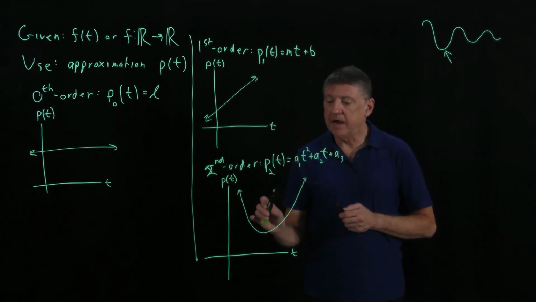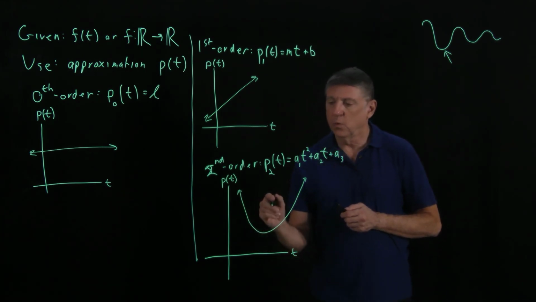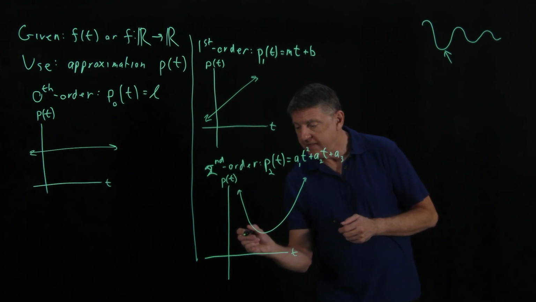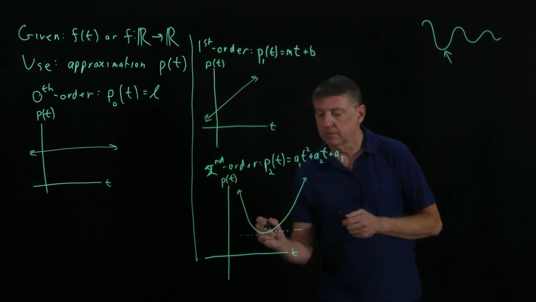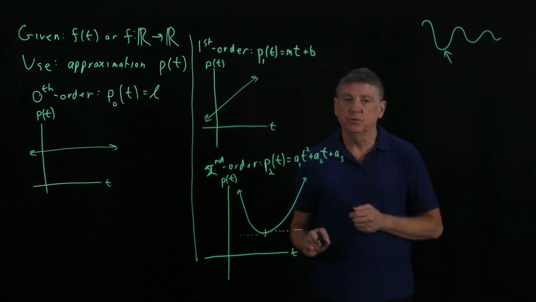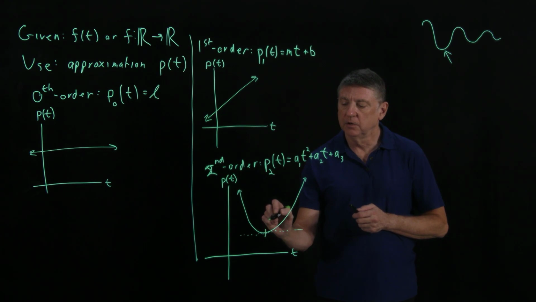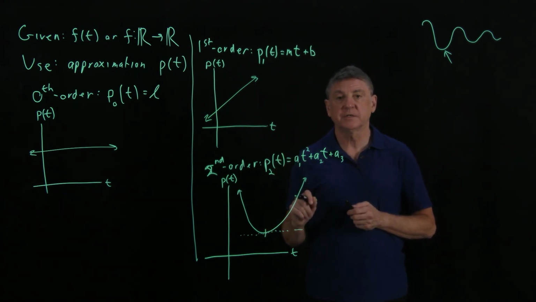And now the stationary point will be where the first derivative of this is exactly equal to 0, and there will be 1, and that will be here. And so what we could do is find this as the global minimizer of our polynomial approximation.